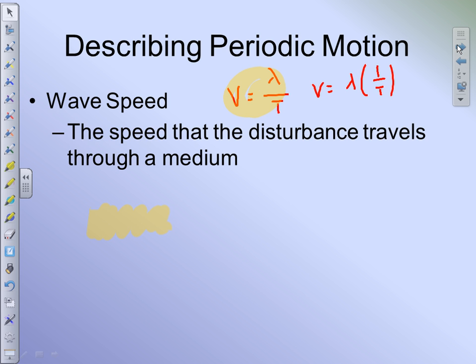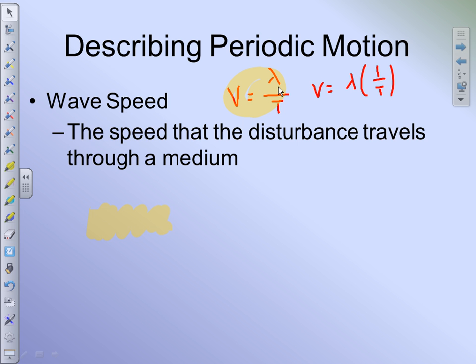We have introduced a couple of properties about waves that represent those ideas. First, wavelength. Wavelength is a how far. Period is a how long. So if we take the wavelength and divide it by the period, that will give us the speed. Why?